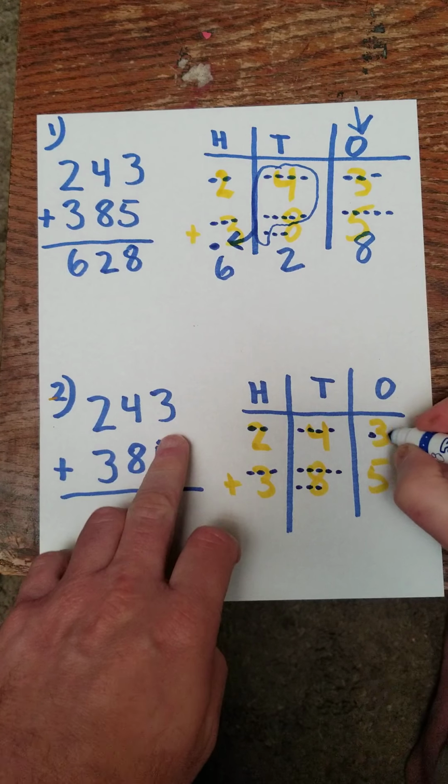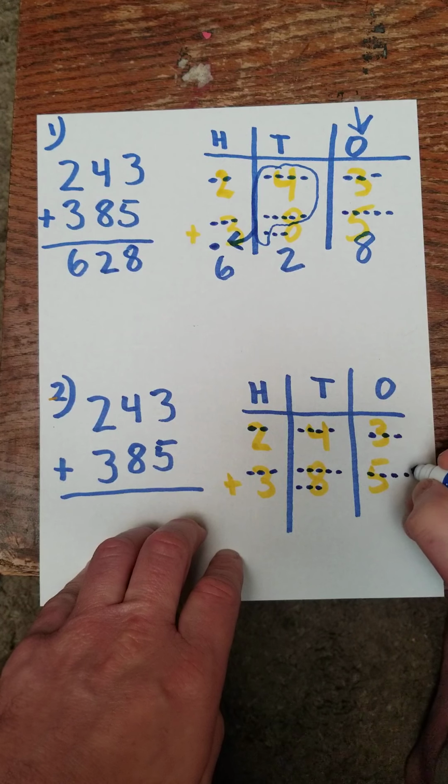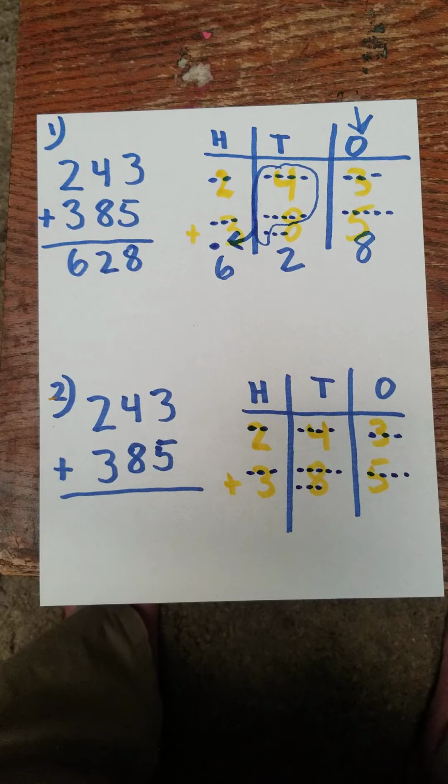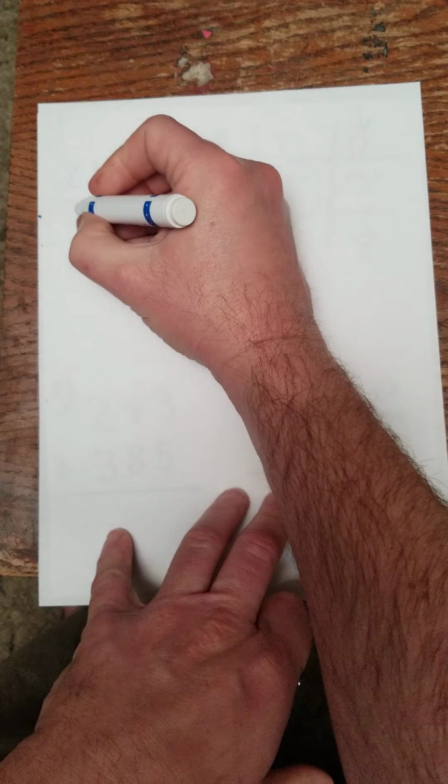We start with 3 ones, and we are adding 5 more. And somebody goofed and copied the same problem. That was number 1. Okay, number 2. I thought that looked familiar.